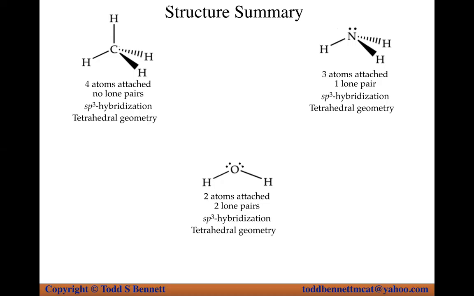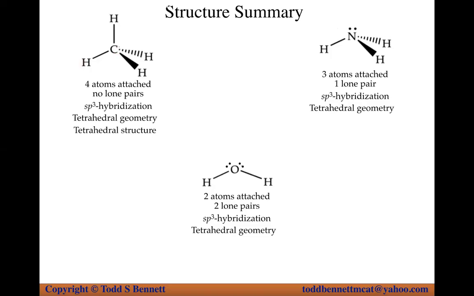Okay, geometry and shape are a little bit different. Geometry takes into account all the electron pairs, electron geometry, whereas shape takes into account just the nuclei, just the atoms. So these atoms, with the central carbon, are also tetrahedral, so a tetrahedral structure.